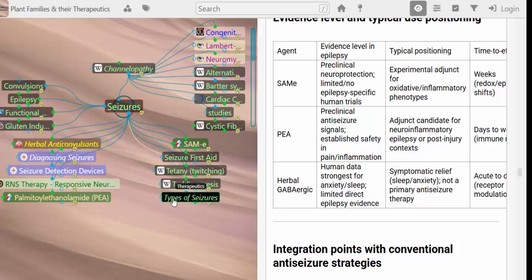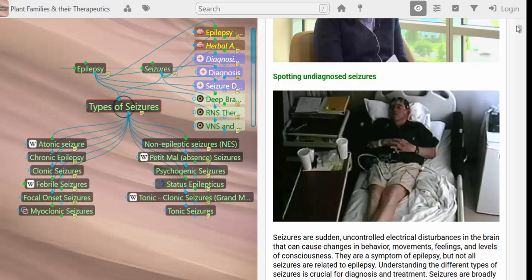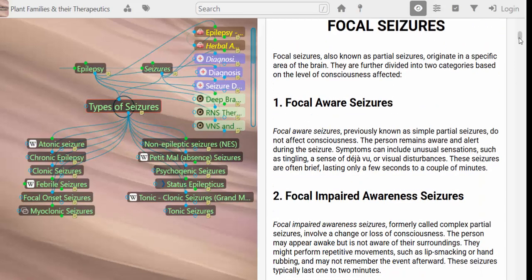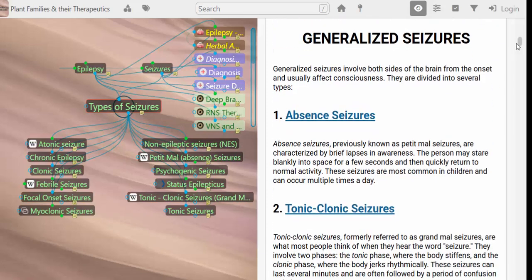Let's go to types of seizures. Some videos. Spotting undiagnosed seizures, that's a big one. All right, so we spoke briefly about the focal awareness seizures, focal impaired awareness seizures, generalized seizures.